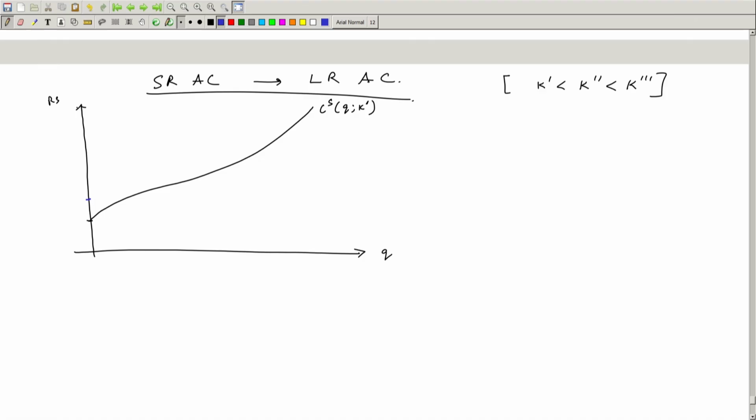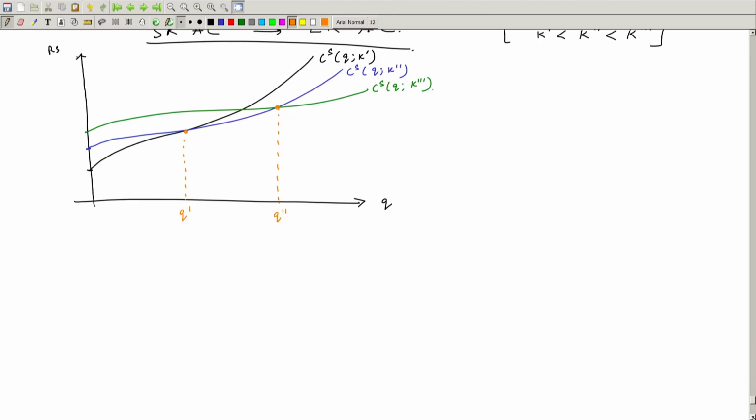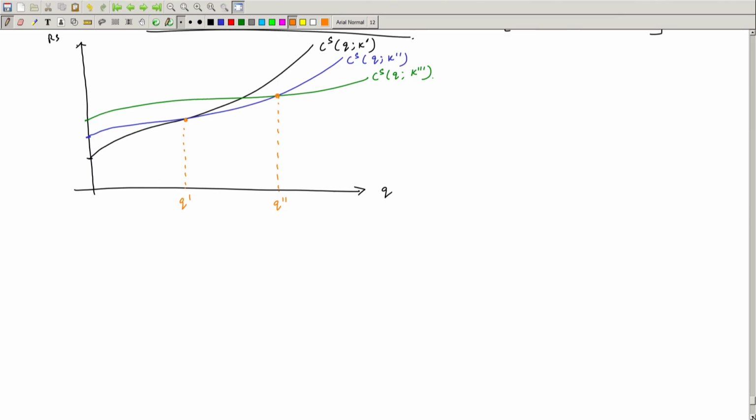I will be consistent with the colors as well, so that you also have them, k double prime, and then I have the cost in the third case of k triple prime amount of capital. And what did we learn? We learned that this was k prime, q prime, and this was q double prime.